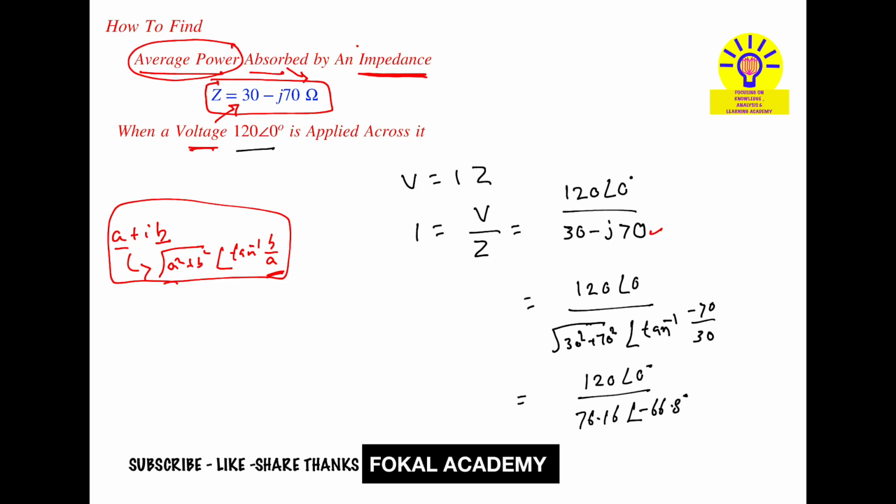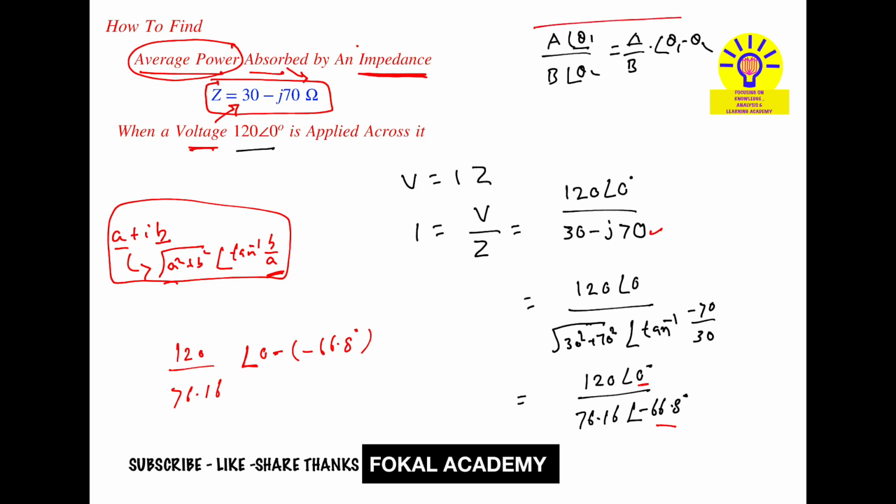Now how can we divide the two phasor forms? Whenever phasor forms are there, just divide the magnitudes. That is 120 upon 76.16. For the new phase angle, the upper is 0, so 0 minus minus 66.8. In general, A with phase angle theta 1 upon B with phase angle theta 2 is nothing but A by B with phase angle theta 1 minus theta 2.